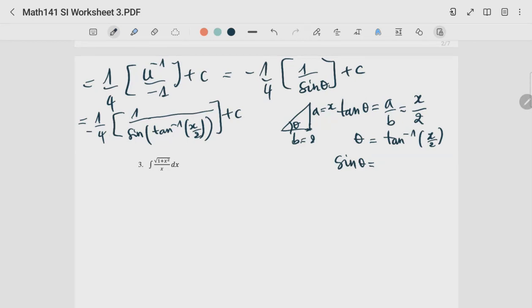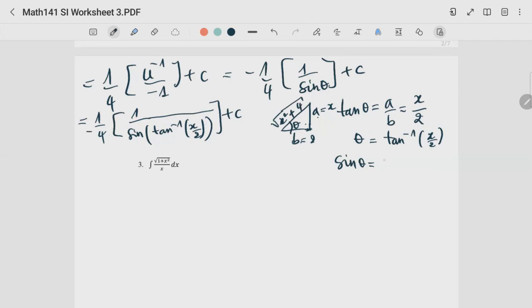Sine of theta is opposite over hypotenuse, right? So the opposite side over the hypotenuse, and the hypotenuse is just the square root of the sum of the squares. So we have the square root of x squared plus 2 squared, which is 4, right?